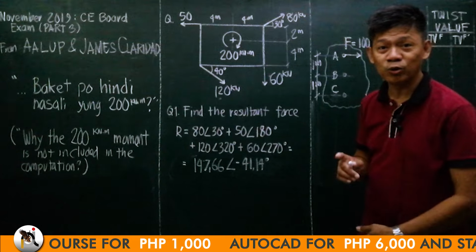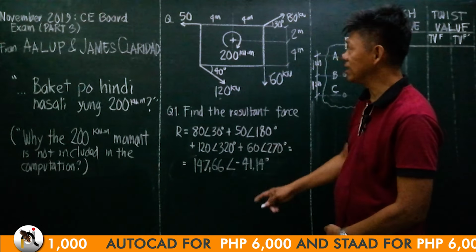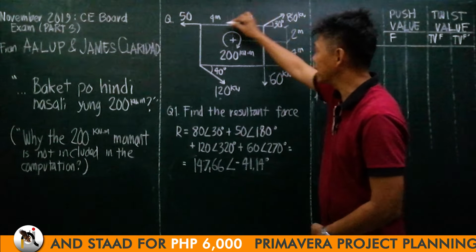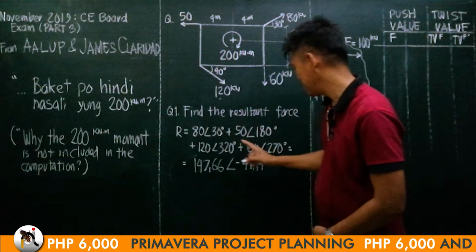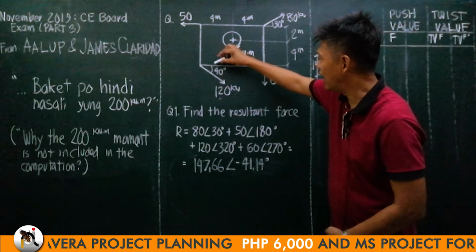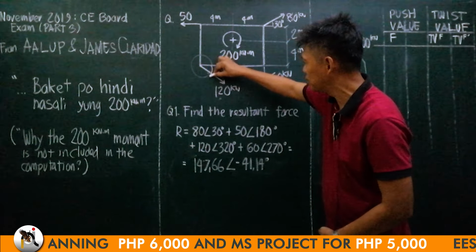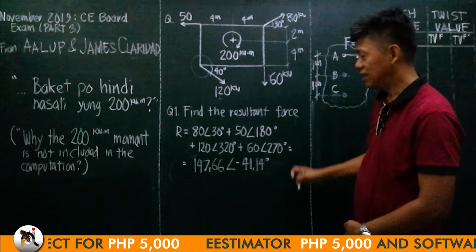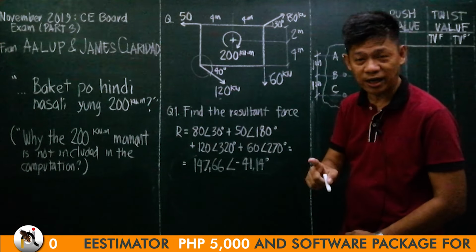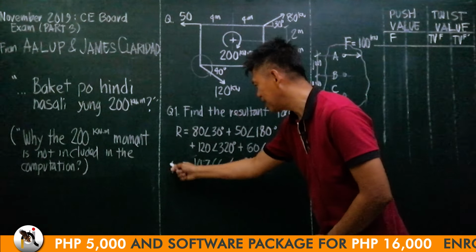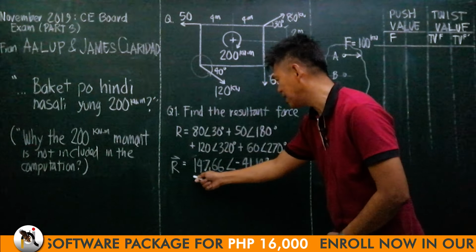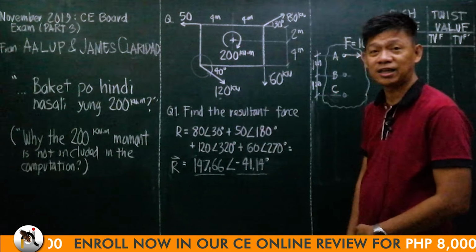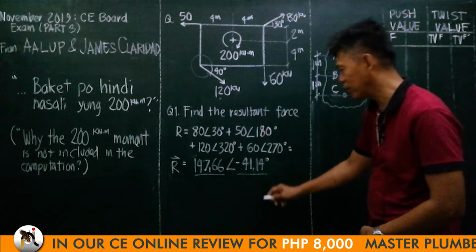So, using complex mode, I presented this as 80 angle 30 plus 50 angle 180 plus 120 angle, this is 360 minus 40, 320, plus 60 angle 270 equals, then convert to polar, it would be R is equal to 147.66 kilonewtons directed in a direction of negative 41.14.